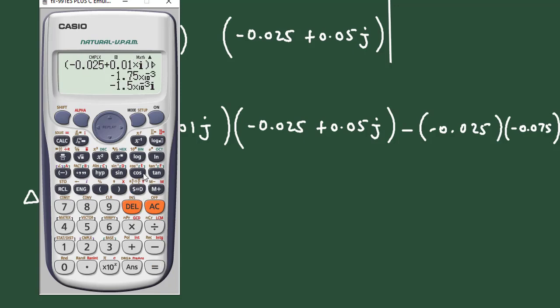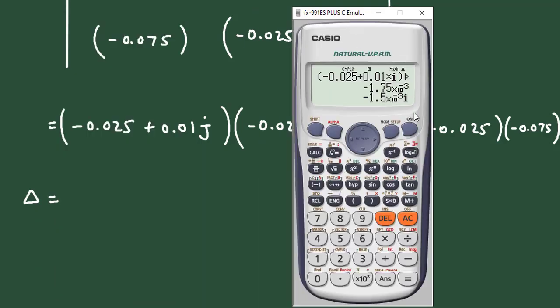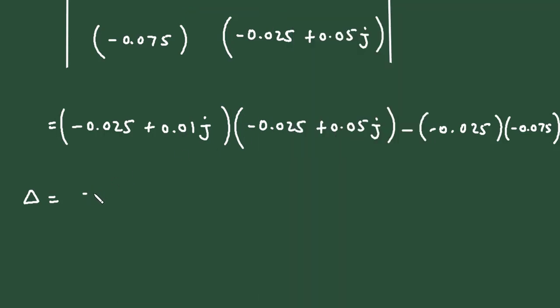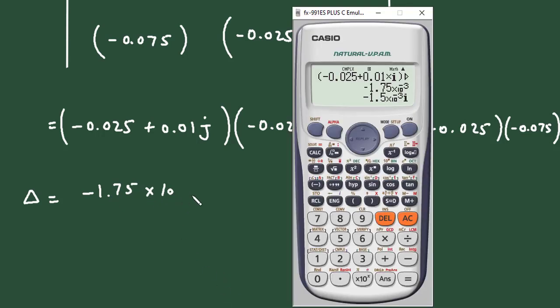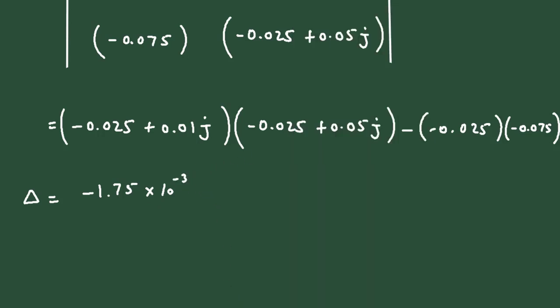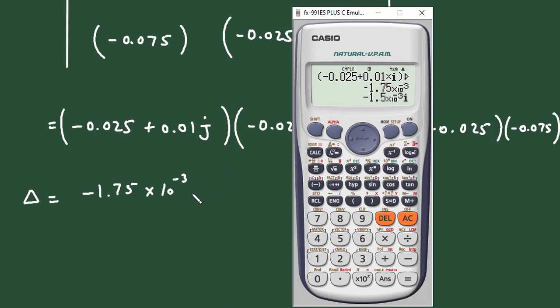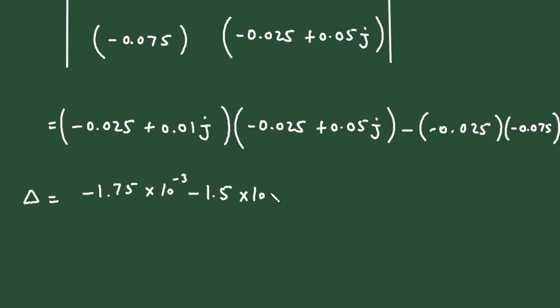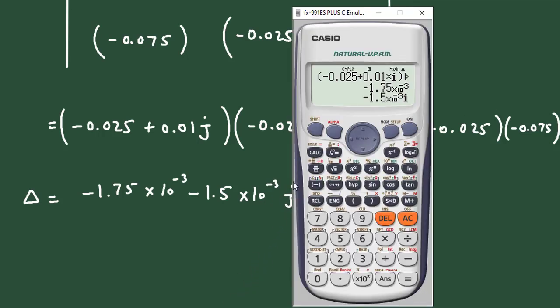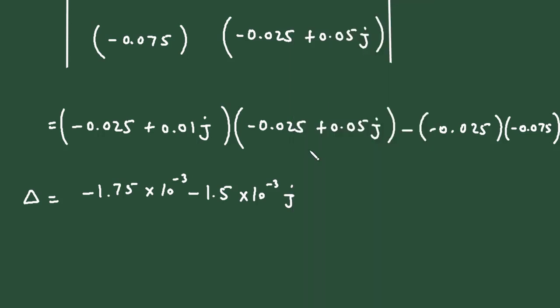Now it is equal to this much, minus 1.75 into 10 to the power minus 3 minus 1.5 into 10 to the power minus 3 j. Now we got the value of delta.